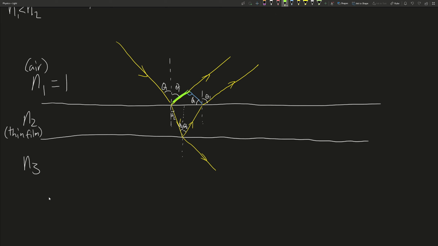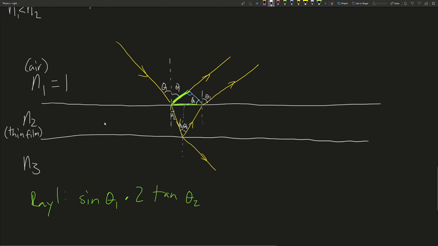Now this green distance, so ray 1, this green distance is going to be equal to the sine of theta 1 times this length right here, right? And that length right here is going to be equal to 2 times the tangent of theta 2 times d.